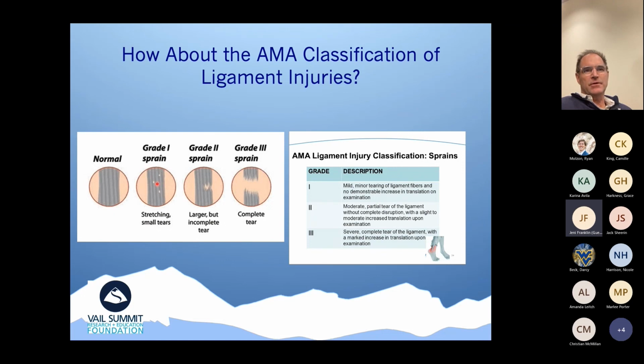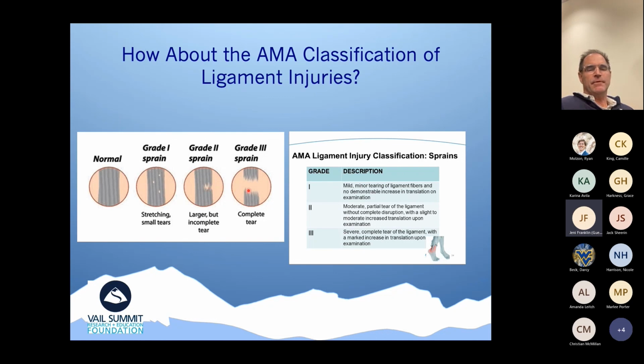So they will be tender, but have a normal ligament exam. So an MCL that is tender but equal to the other side would always be a grade 1 sprain. A grade 2 sprain has some tearing but not complete tearing, and so they will have some increased laxity as well as tenderness if it's an acute injury, but they will have an endpoint.